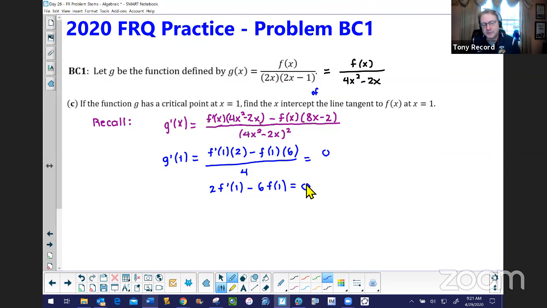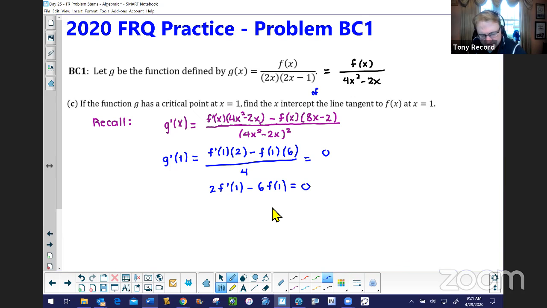So what we would have to do with this is think, okay, well, one of the ingredients of finding a tangent line would be finding its slope. So let's stay the course and find out what is the slope of this tangent line f of x, which means we're going to figure out what f prime is at that value of 1.